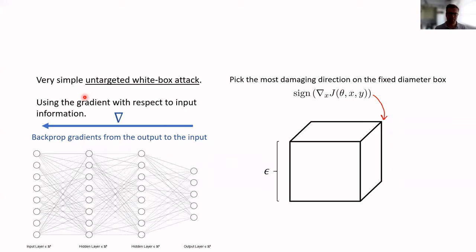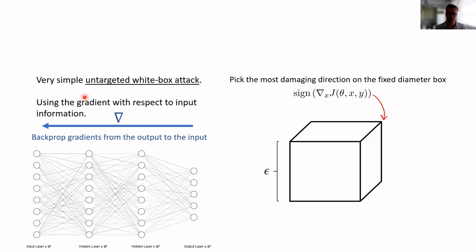So why is this possible? These most devastating attacks are white box attacks. So they're based on propagating the gradient. The white box means that the adversary has access to the architecture. So in particular, the adversary can compute the gradient with respect to input. So what happens when you compute the gradient with respect to input?